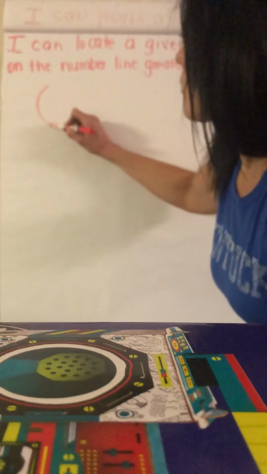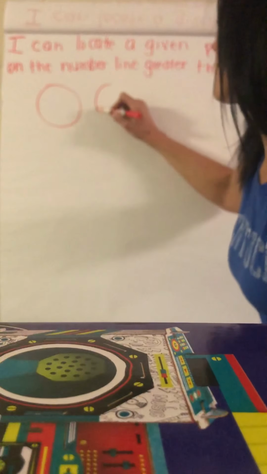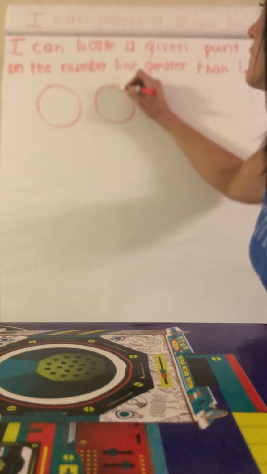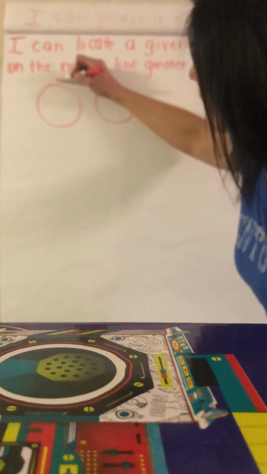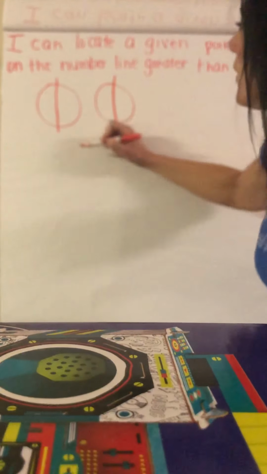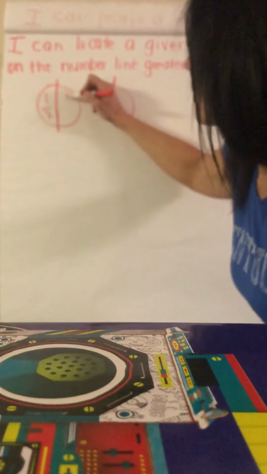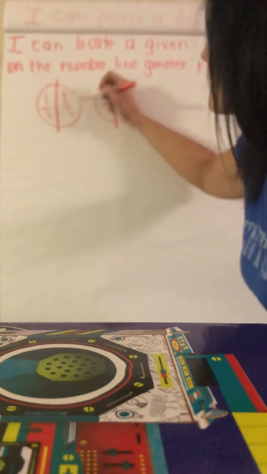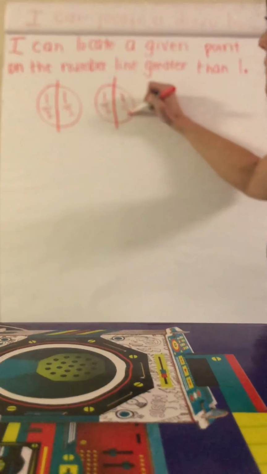We're going to go back to our all very familiar shape, the circle. We've worked with the circle last week and at other times. And last week we partitioned our circle in half. Okay, this part is half, this part is half of that circle, and this part is half of that circle.